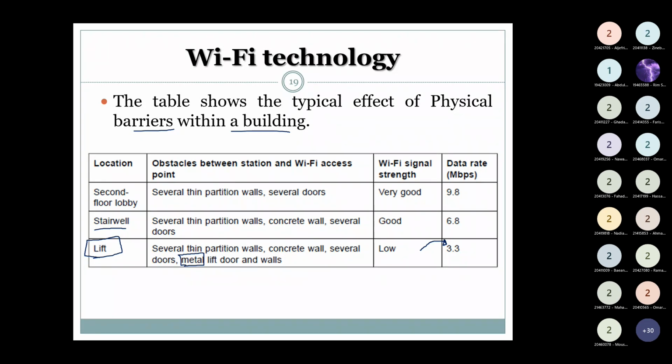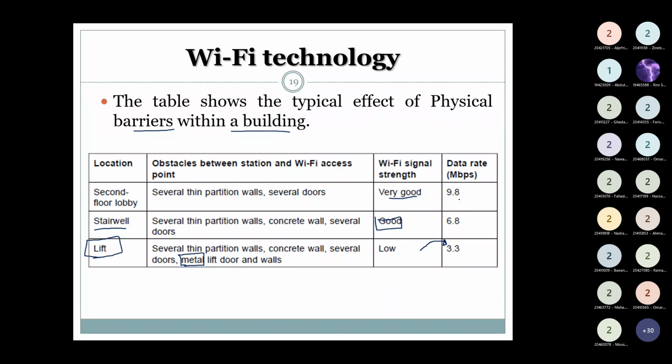But when you have some doors, the strength of the signal is good and you will attain more than 6.8 megabits per second. If you are in the second floor lobby, with several thin partition walls and several doors, you will have very good signal strength. So you can reach 9.8 megabits per second.